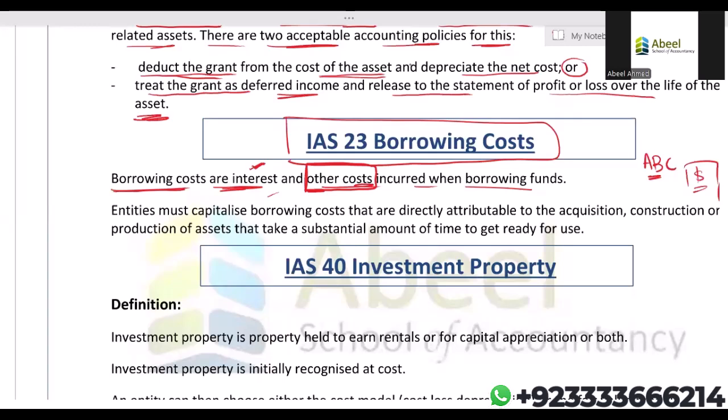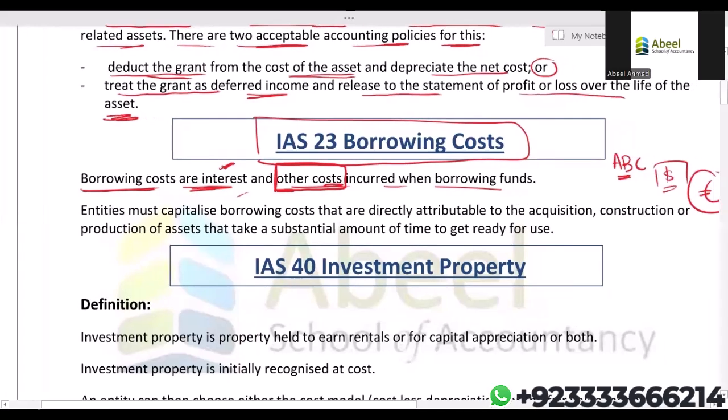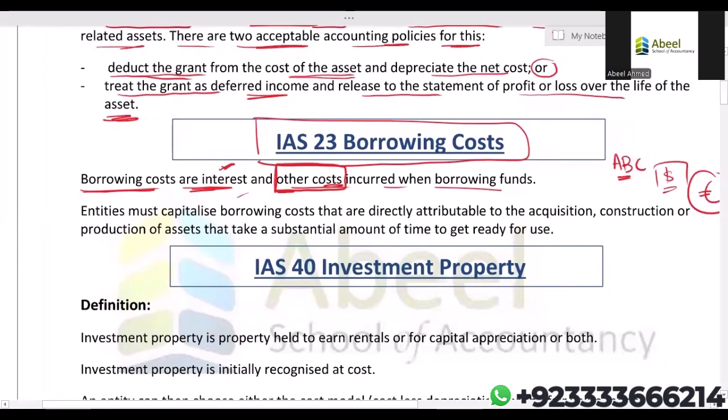Due to the different exchange rate, there's going to be either exchange gain or loss. But you just need to know one thing. The exchange gain or loss issue can only arise when we have taken a loan in a foreign currency. In that case, whatever exchange gain or loss comes will be a part of that borrowing cost. So borrowing costs are interest and other costs incurred when borrowing funds.